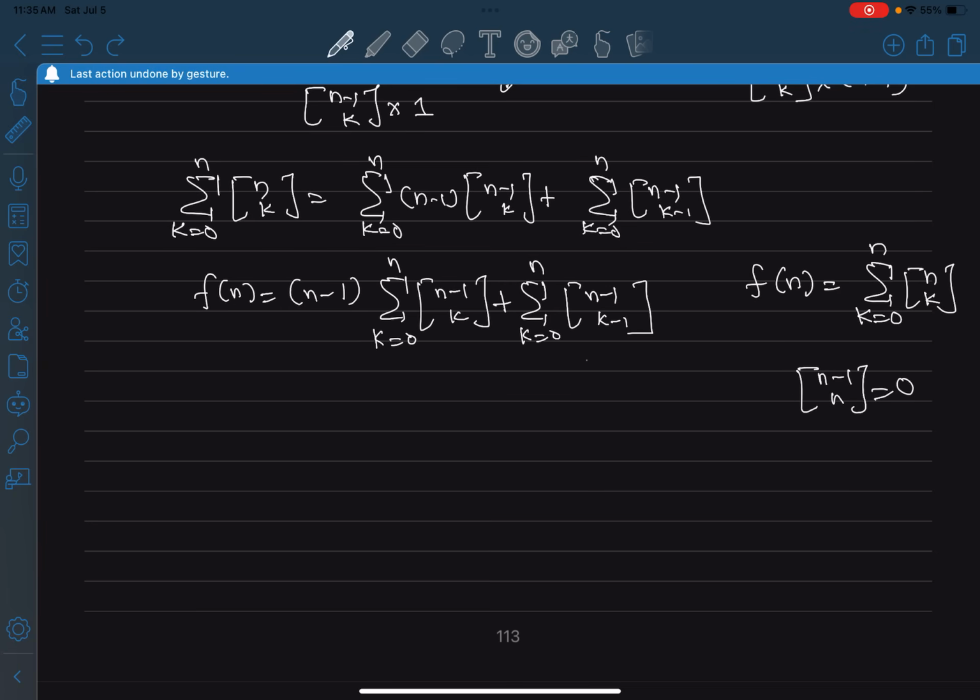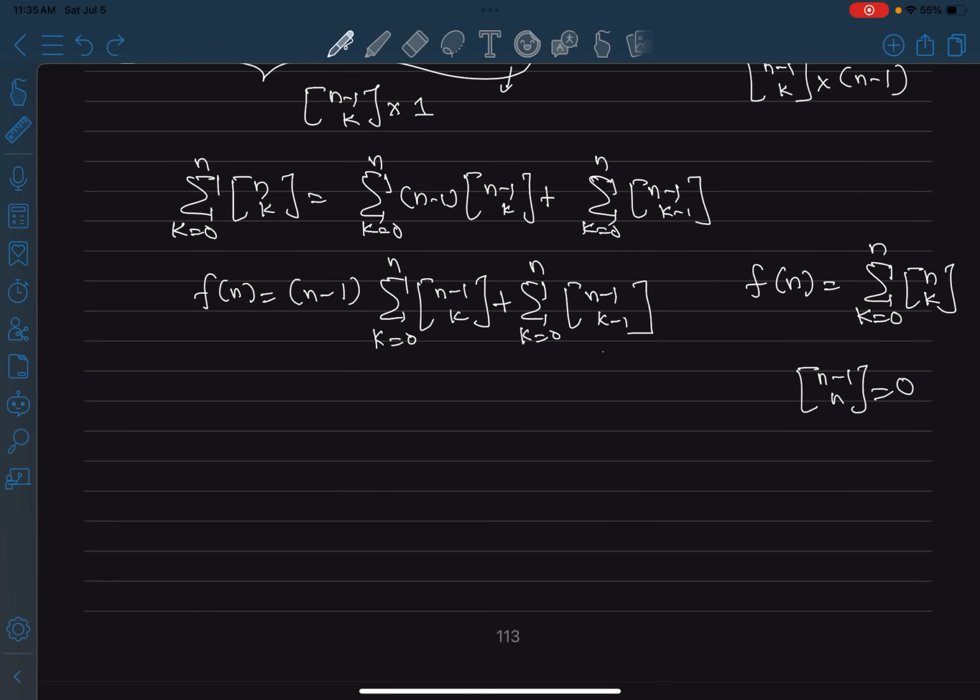Similarly, we get another problem in the second sum: when k equals 0, we have n minus 1 elements with minus 1 cycles, which is not even possible, so that's just defined to be 0 again. So make sure we understand these two things and then we can proceed ahead.